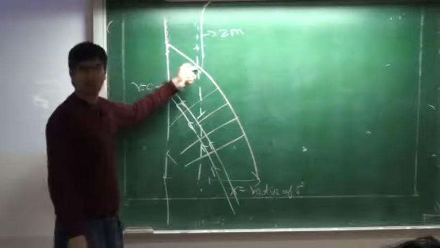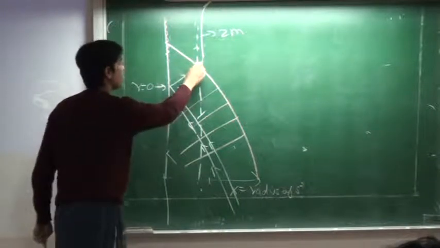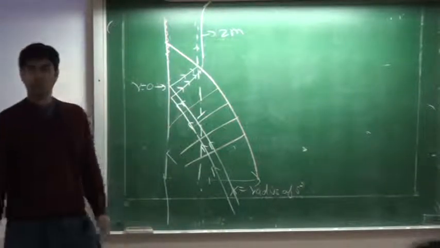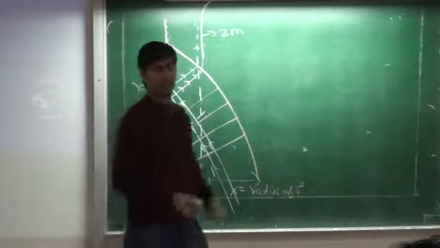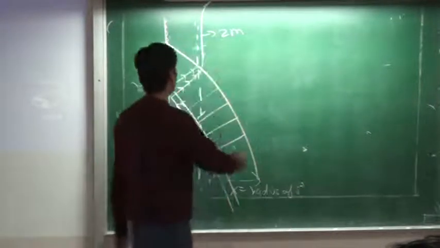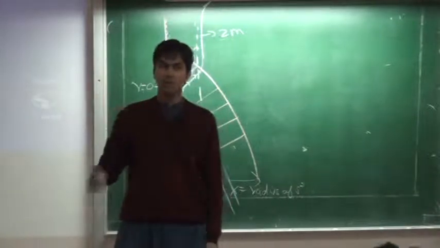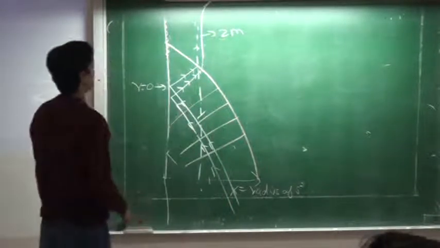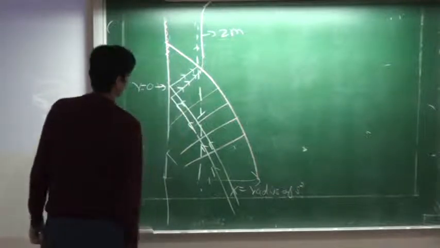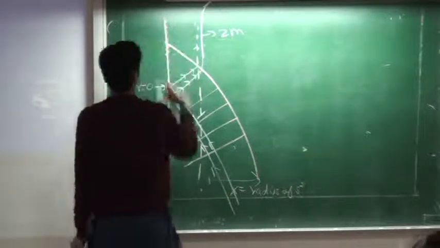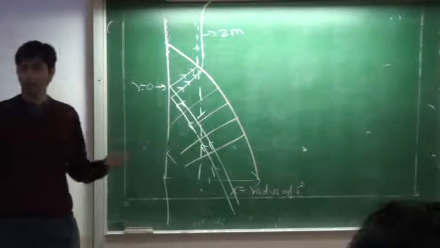It bounces off the origin. It exits the shell just as the shell is at r equal to 2m. Just as it exits the shell, it's exactly at r equal to 2m. So actually it can't go any further, it just stays stuck on the event horizon forever. Now what about some other ray after this? Any other ray after this will fall into the singularity, it won't be able to emerge at all.